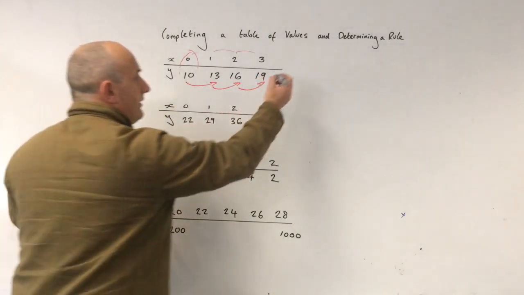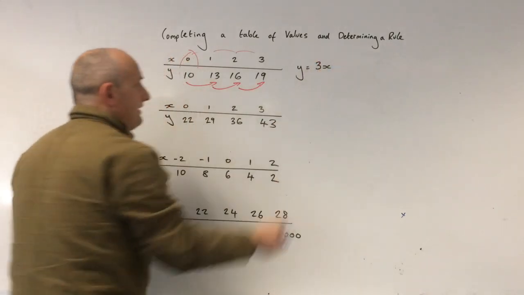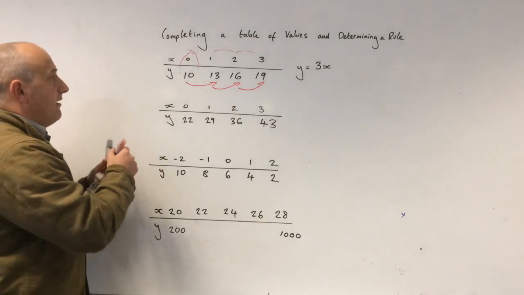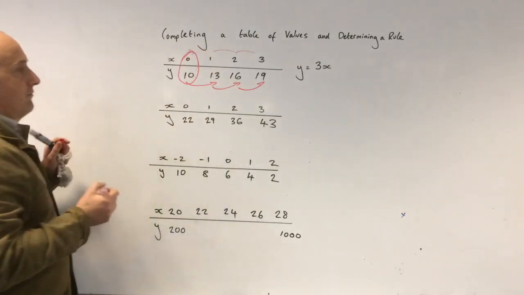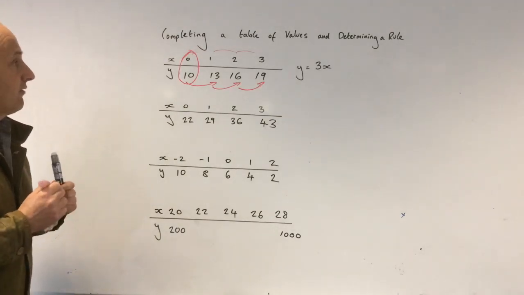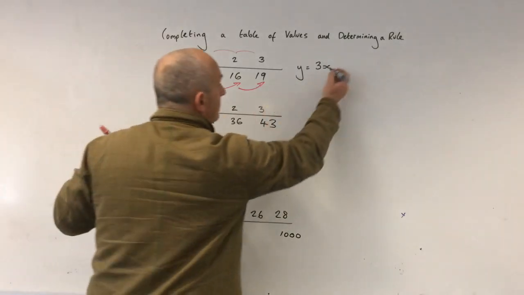So I'm going to write y equals 3x, 3 times x. Then I look to the 0. Well, 3 times 0 is 0. It needs to be 10, so plus 10.